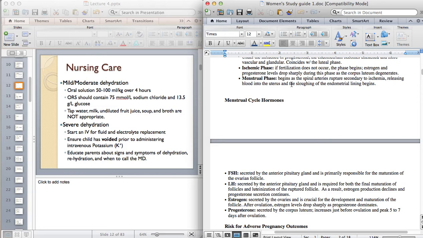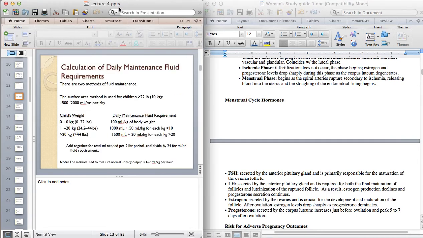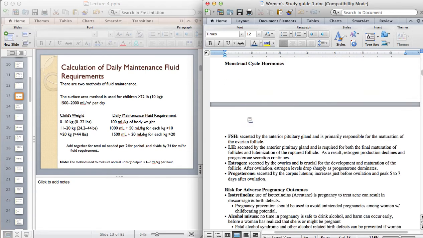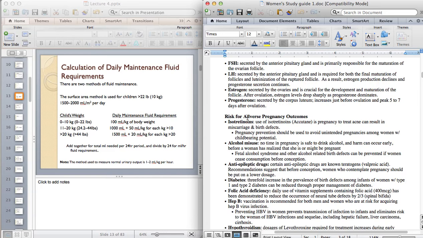So how do we calculate fluid replacement? Again, we could use the body surface area, which I'm not bothering you with, but the one with the weight, you need to know this. Simple formula. For the first 10 kilograms of body weight, you replace 100 milliliters per kilogram body weight.